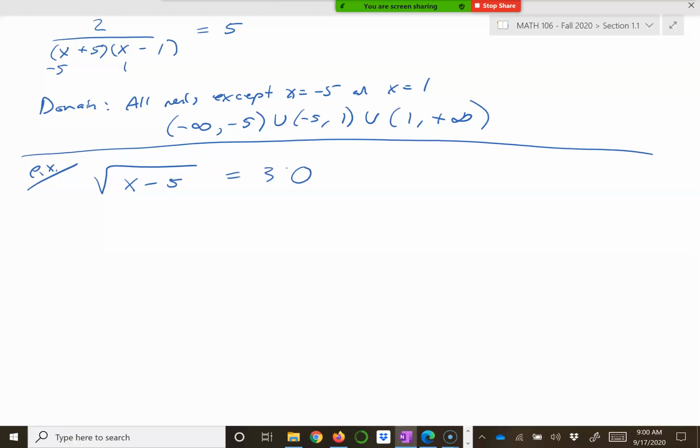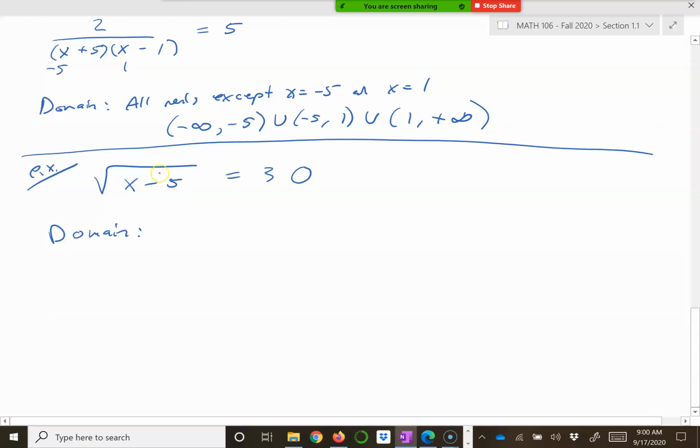Now, this problem, we're not necessarily looking for something that's undefined, but we are concerned with whether or not any value of x could make the expression have an imaginary number, right? A real number and an imaginary number are not the same thing, and for the domain, we can't have imaginary numbers. So how can we check to see what x values make this imaginary?